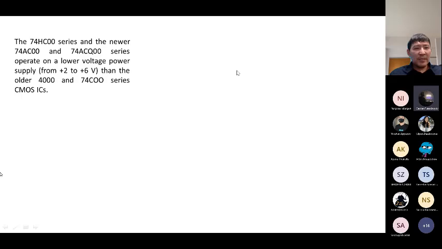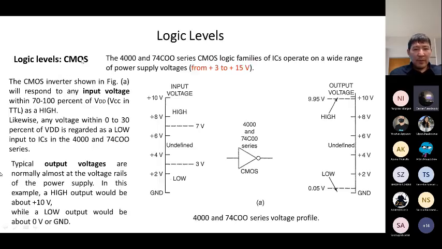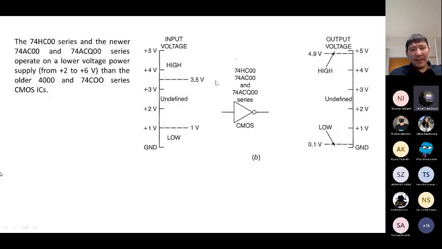So here, for example, you can see this series, with voltage lower than 10 volts. It is kind of similar to the TTL, but the undefined region and the threshold for low and high are different. But the voltage range, 5 volt, is similar to TTL. For example, you can see some CMOS inverter from this series, 74HS00 and so on.